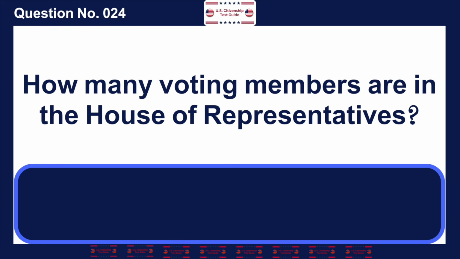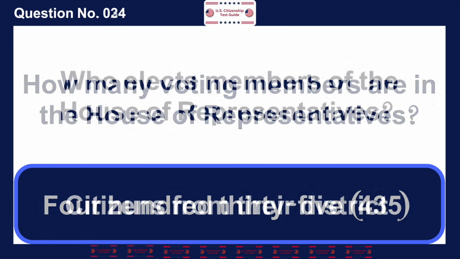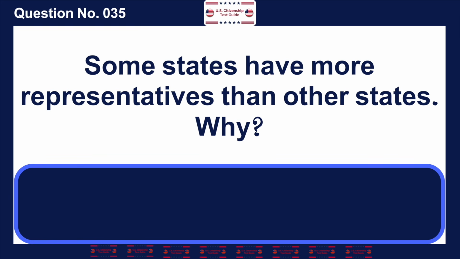How many voting members are in the House of Representatives? 435. Some states have more representatives than other states.